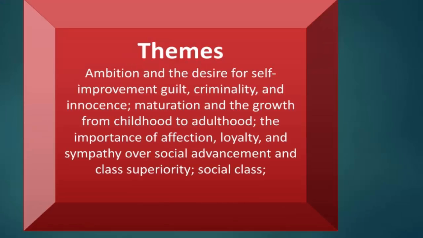Themes: ambition and the desire for self-improvement, criminality and innocence, maturation and the growth from childhood to adulthood, the importance of affection, loyalty and sympathy over social advancement and class superiority, social class.